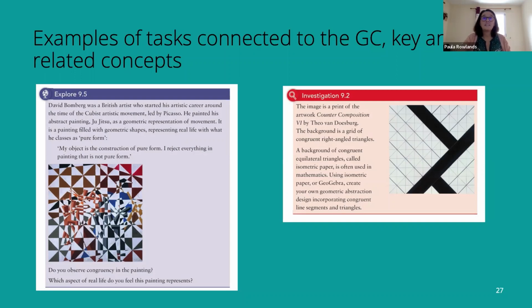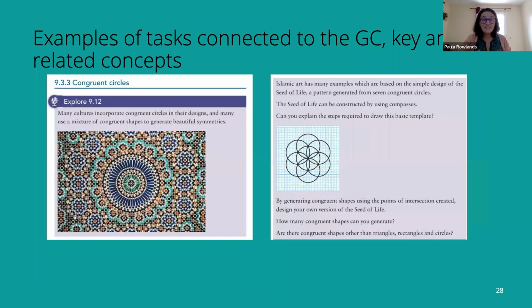And then you can see there's an investigation, again, linking the global context, the key and related concepts. And here's another example. And you can see in this example, again, it's connecting to the global context, the key and related concepts, and the mathematical concepts.